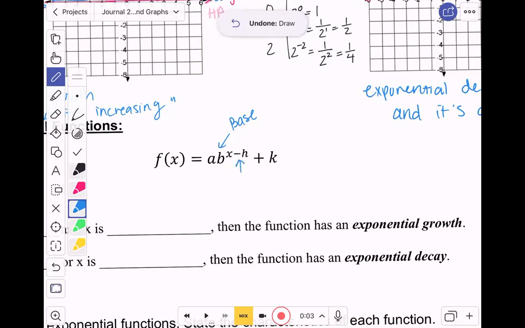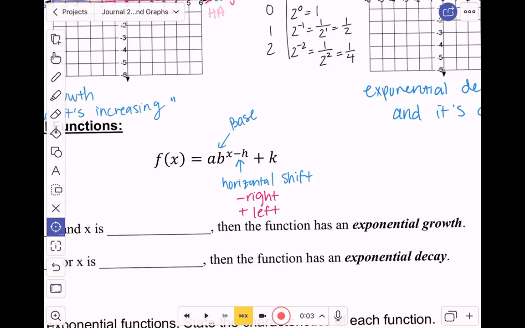So the h is your horizontal shift. A negative means that you're going to be going right, and a positive means that you're going left. So this might seem very familiar. The shift is going to be in the exponent spot, but that's going to be your horizontal shift depending on if it's being subtracted from x or added to x.